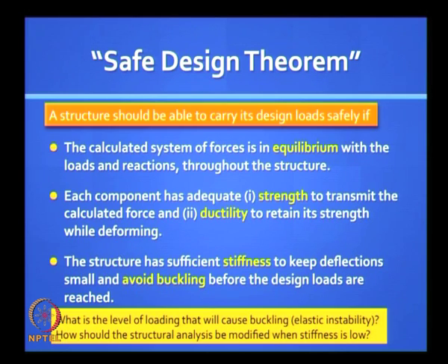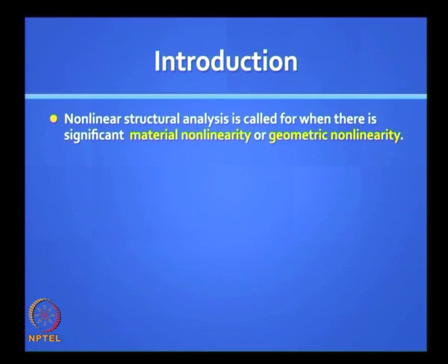They are called P delta effects, and usually when the deformations are large, you will also generally encounter material nonlinearity in addition to geometric, but we will keep that aside for the time being because it depends on the type of material. Right now we are looking at elastic behavior, and we assume the material really does not matter.